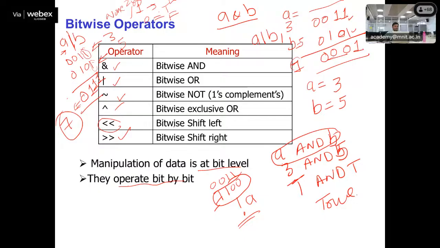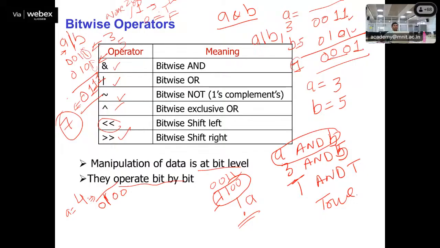Now let us look at the bitwise shift operation. With bitwise shift, we try to shift left or right. Let us assume the number is 4, and we take a 4-bit representation.